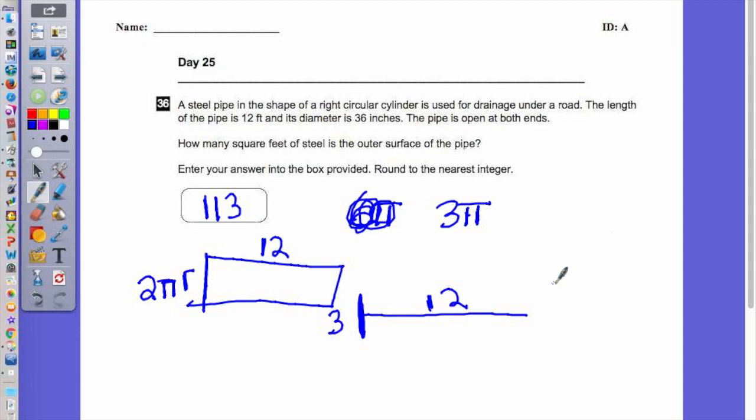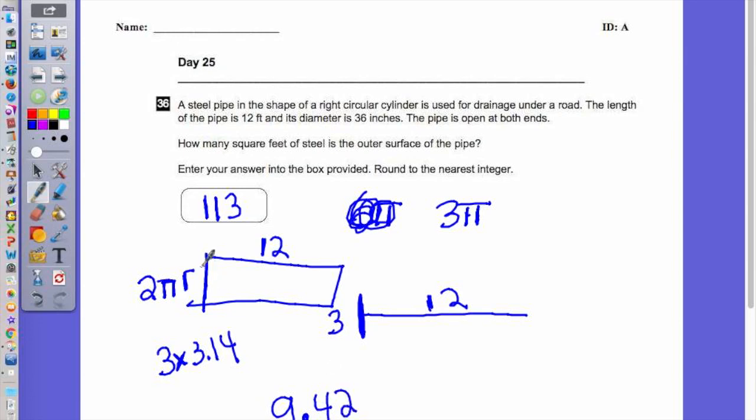Okay, they told us though, and I will tell you, when I did the problem, I made a mistake and I used 6 pi because I was thinking that 3 was the radius. 3 is the diameter. So the radius is actually 1.5, right? But we don't need to know that. So the diameter times pi, so basically 3 times 3.14, which we decided was 9.42.